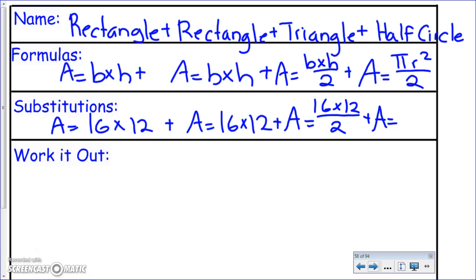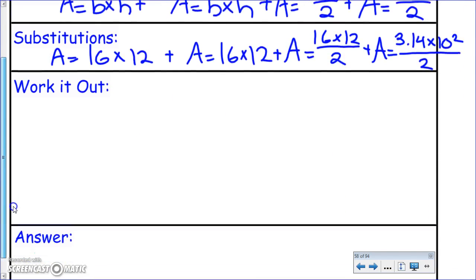Plus the area of the circle, and we know that pi is 3.14. And then if we look at the circle, the diameter is 20. So we're going to have to divide that in half to get a radius of 10. And of course, we're going to have to divide the whole circle in half because all we have is half a circle.